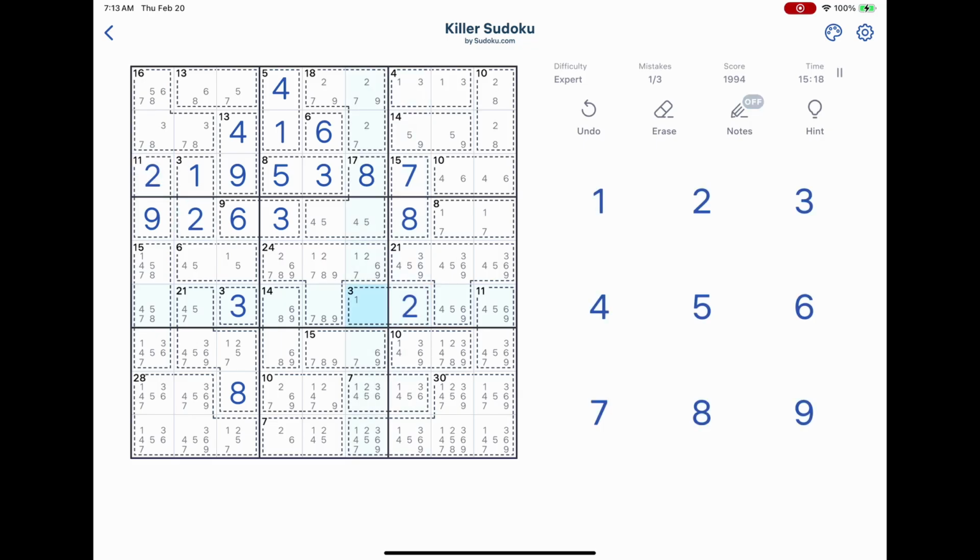Block 5. Look at the 6 sum in row 5. The only 6 is 5 and 1. Block 4. Balance the 14 sum in row 6.